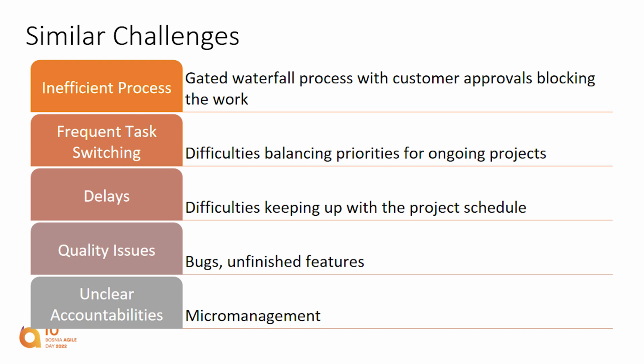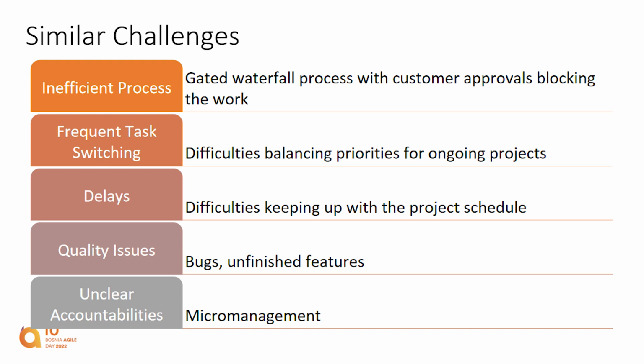So there were many similarities in the challenges that they faced. Both had somewhat waterfallish processes that depended on the customer approvals, which introduced delays, which created havoc in the planning.